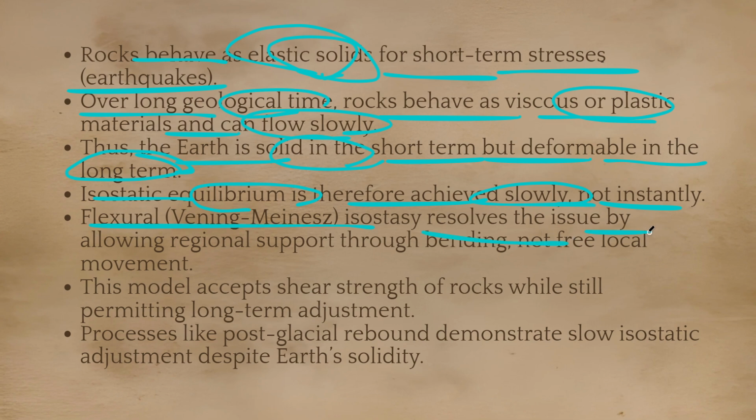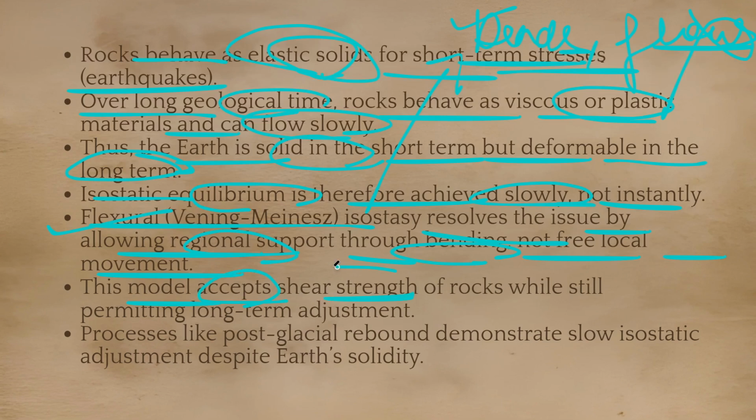Flexural isostasy resolves the issue by allowing regional support through bending, not free local movement. So basically, in this theory, they resolve the issue by saying that regional support means the layer bends and doesn't flow.